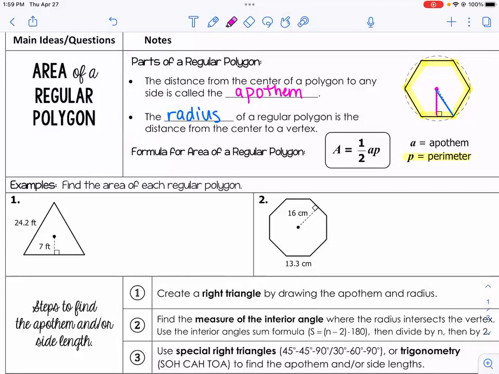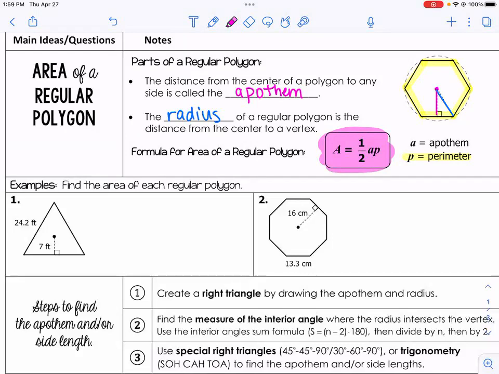All the angles are the same. All the sides are congruent. Very good. So if we have a polygon where all the sides are congruent, which means all the angles are the same, our area is 1/2 times the apothem times the perimeter.